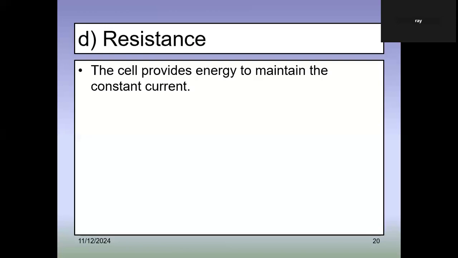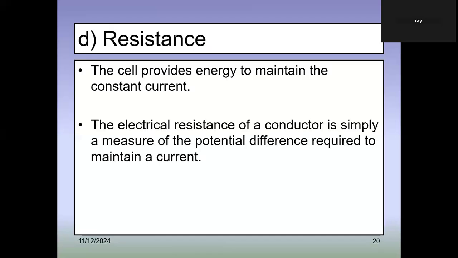The electron is going to lose energy to the positive ion, so we have to give it more energy. So the cell provides energy to maintain a constant current. Electrical resistance of a conductor is simply a measure of the potential difference required to maintain the current. So we have to use energy there.